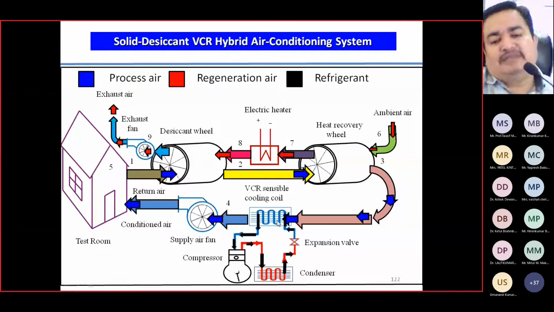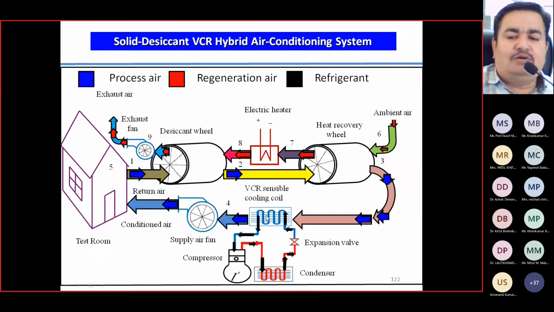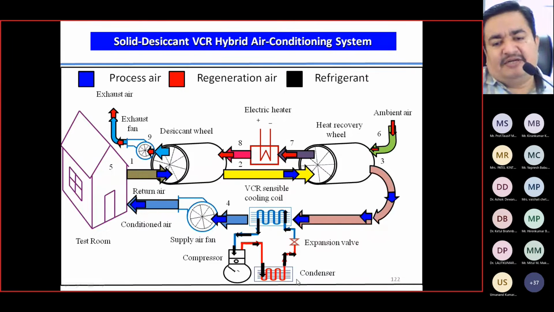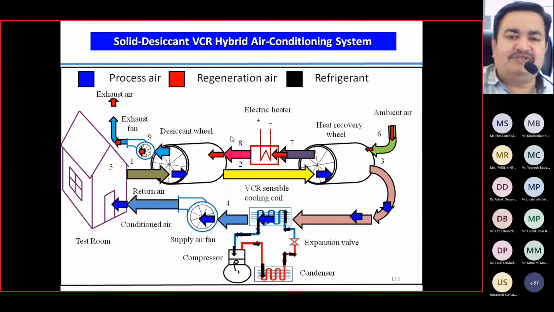by maintaining its temperature. The prime purpose of this VCR cooling coil is to control temperature, so it can be of a smaller size, and the refrigerant flows through the circuit as per the VCR cycle.